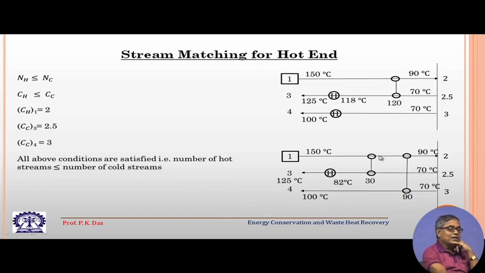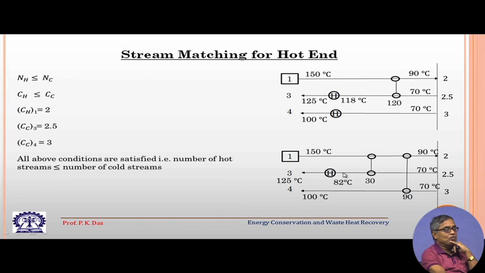Then we place another heat exchanger between 1 and 3, with a heat exchange of 30. By this we have satisfied the hot stream, so we can tick it off. We have satisfied the requirement of cold stream number 4, so we can tick that off, but stream number 3 needs further heating.